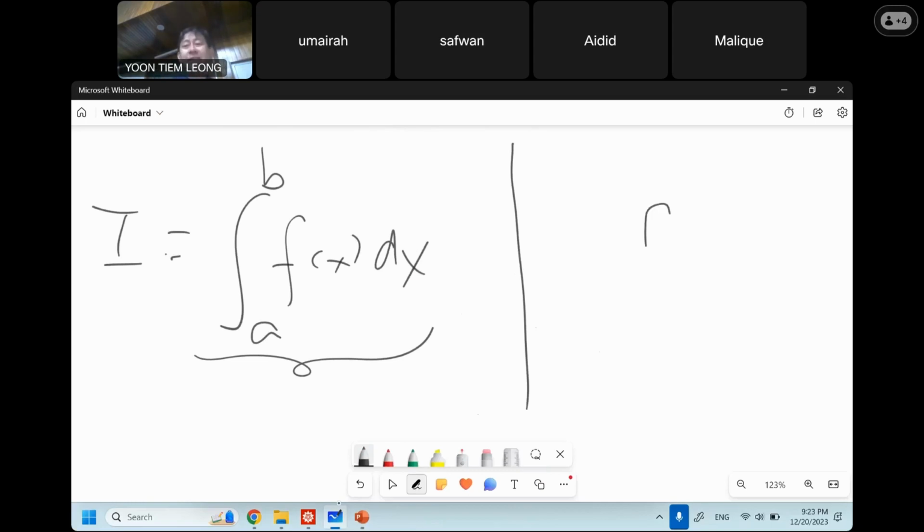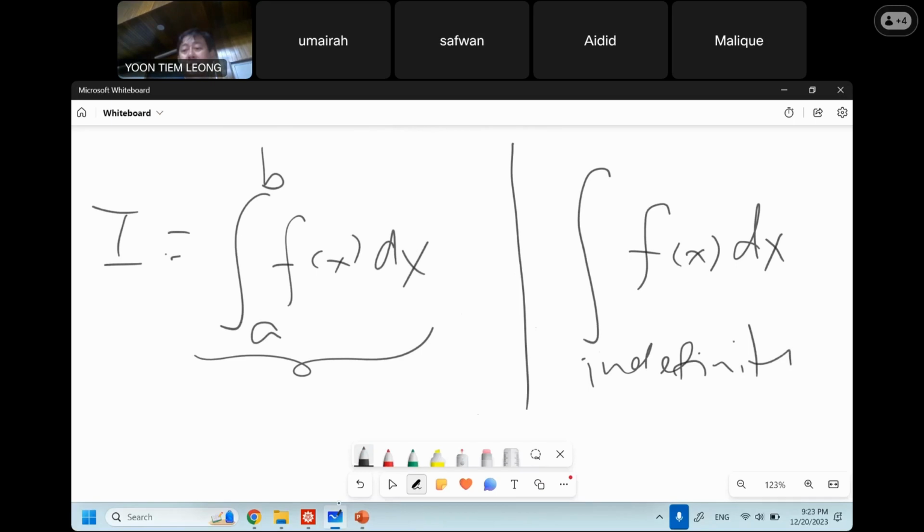If you have a function f, the collection of all the possible antiderivatives of this function is represented by this. This is called the indefinite integral. This is called the definite integral.